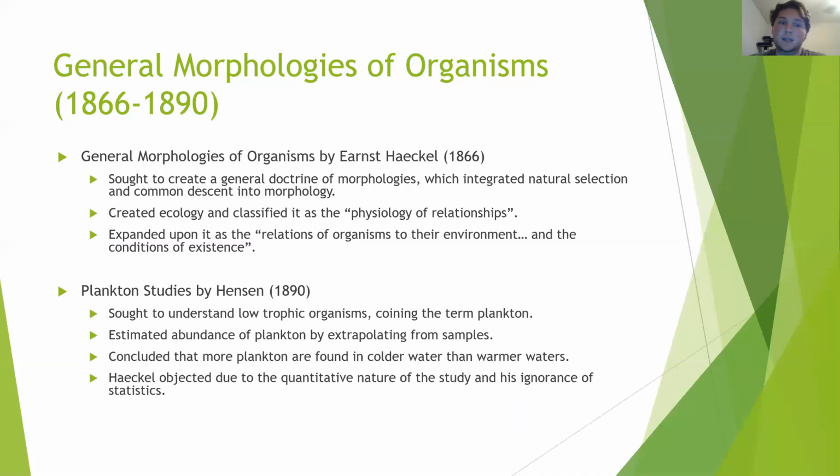And so he sought to create a general doctrine of morphologies to understand how natural selection and common descent can be integrated into morphology. And so he worked closely with Darwin to create these ideas, but he classified ecology as the physiology of relationships and later expanded upon it to be the relationships between organisms and their environment and the conditions of existence.